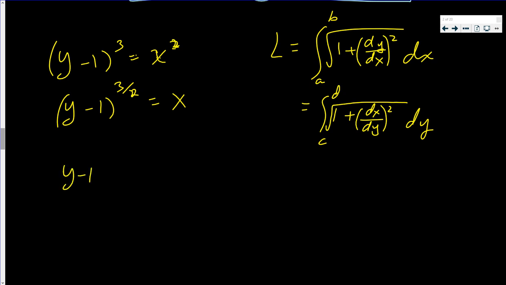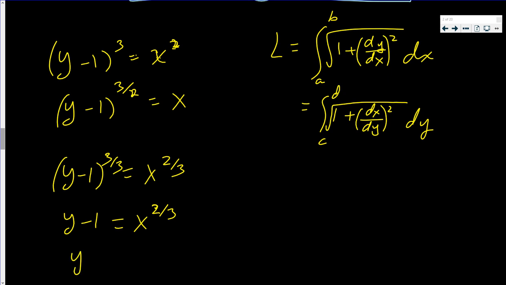You have y minus 1 cubed is equal to x squared. Well, I can take the cube root of both sides. The only thing is that there's one extra step here. I need to bring the 1 over.